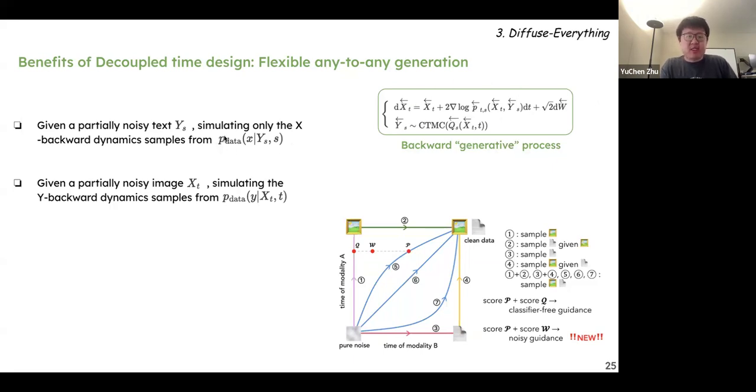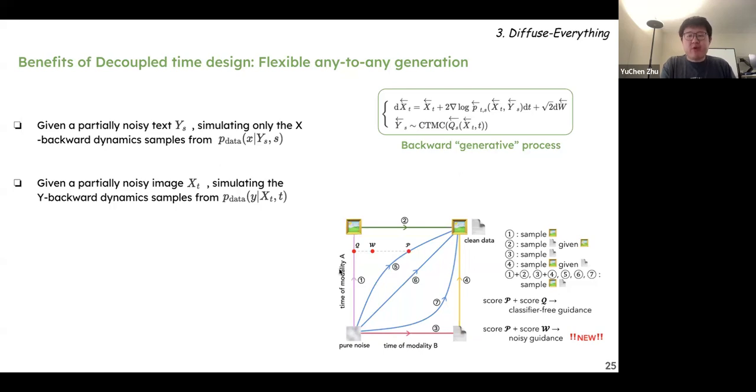We'll be able to generate the conditional distribution of data x given y. Similarly, if we're given a partially noisy image x at time t, we simulate only the y component, and we'll be generating the conditional distribution of the text given the image. So in the special cases where we put in clean y and clean x, we are performing image generation conditioned on text and text generation conditioned on image, just through this simple dynamics with one model.